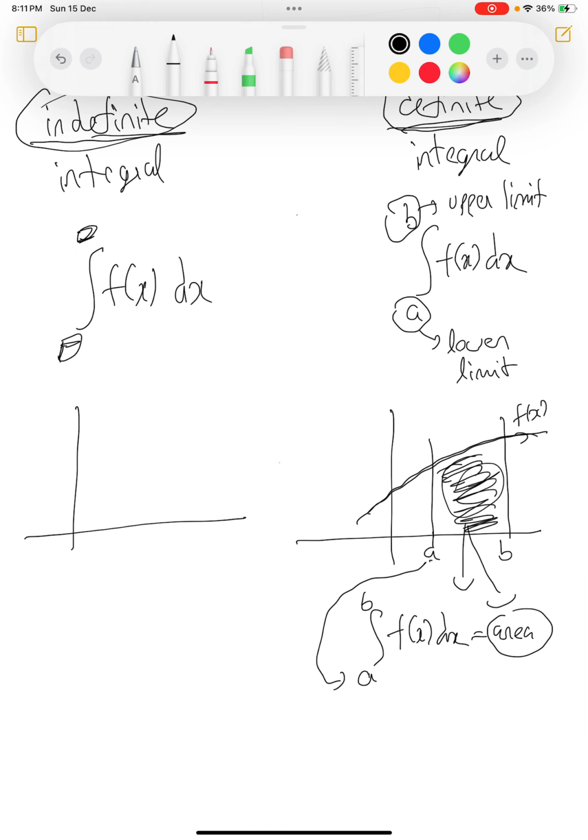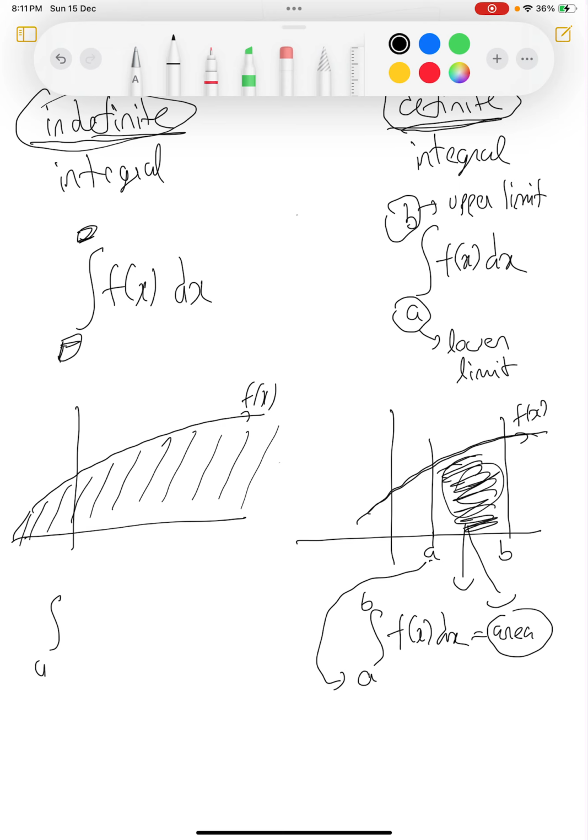And here if I have a function like this f of x, since there is no limit, we have to find the area of the whole region. So the integral of f of x dx is equal to the area of the curve.